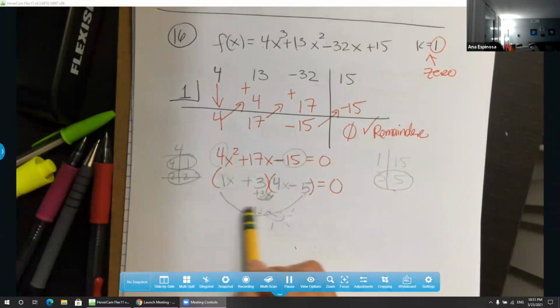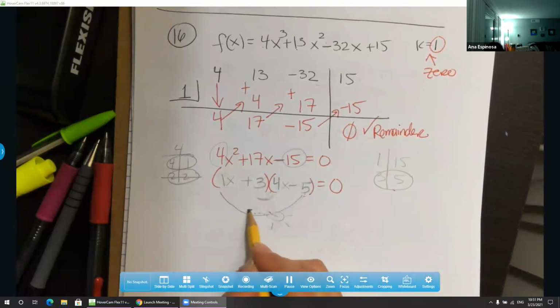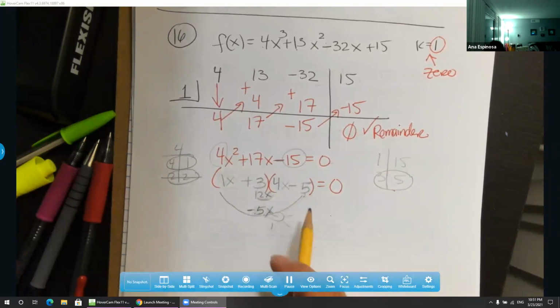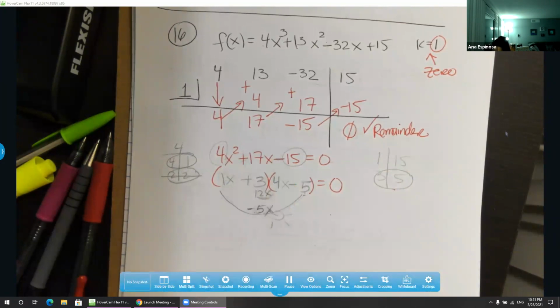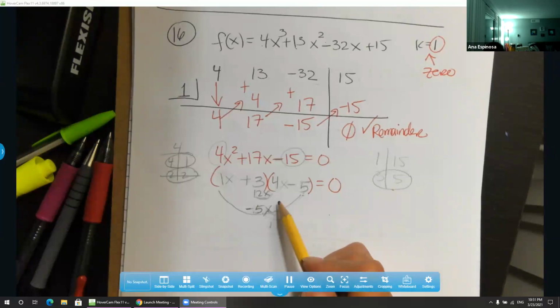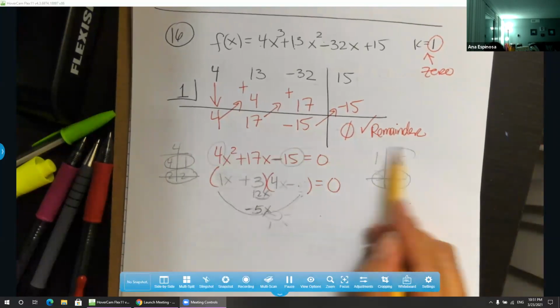That's a 5. I don't think this is factorable. This is 12. Did I do that right? 17, 17, 18, 12. Yep. And if I do 15 and 1, the last one is to match this up with that one.